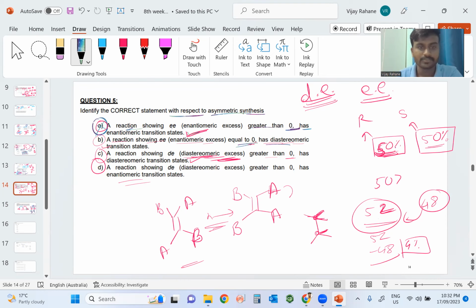The reaction showing diastereomeric excess greater than zero has diastereomeric transition states. So the statement C said the diastereomeric transition state, diastereomeric excess greater than zero has diastereomeric transition state.